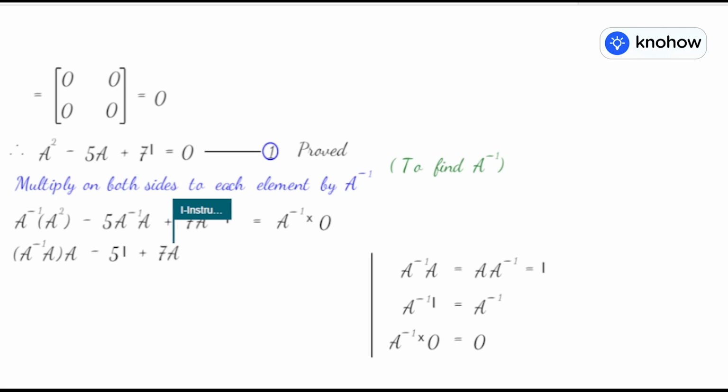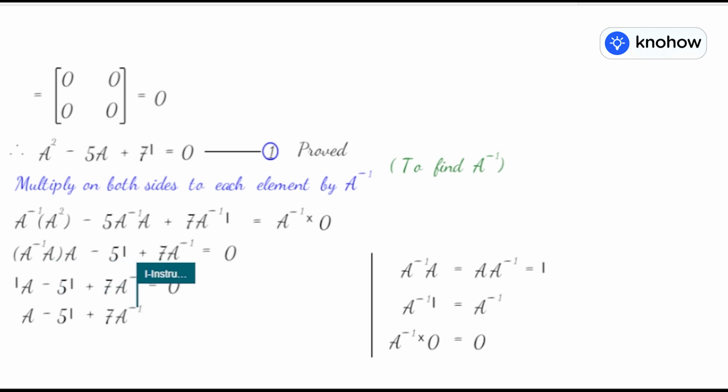On the right side it will be 0. And now see, A inverse into A is the identity element into A, as such IA, minus 5I plus 7 times A inverse is 0. Now what about IA? IA will be A, so A minus 5I plus 7A inverse equal to 0.